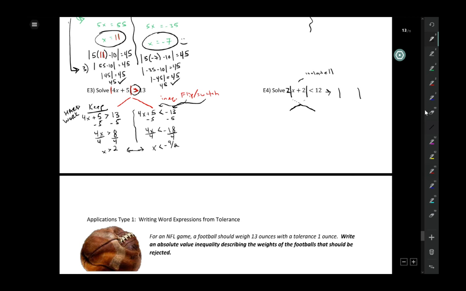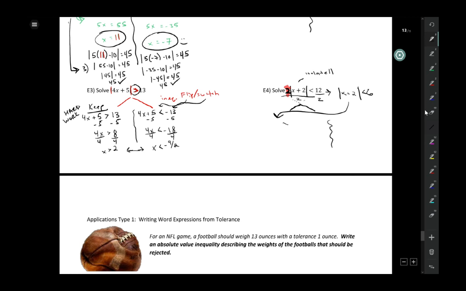It's hanging out outside here. Well, if it were any other case, you would say let's divide everything by 2. That isolates my absolute values, leaving us with x plus 2, 12 over 2 is 6, and less than. Okay? Now you can take and split up into two problems.